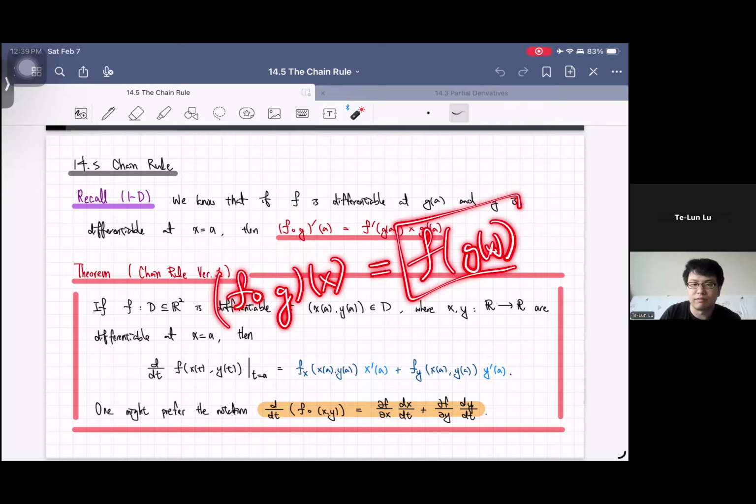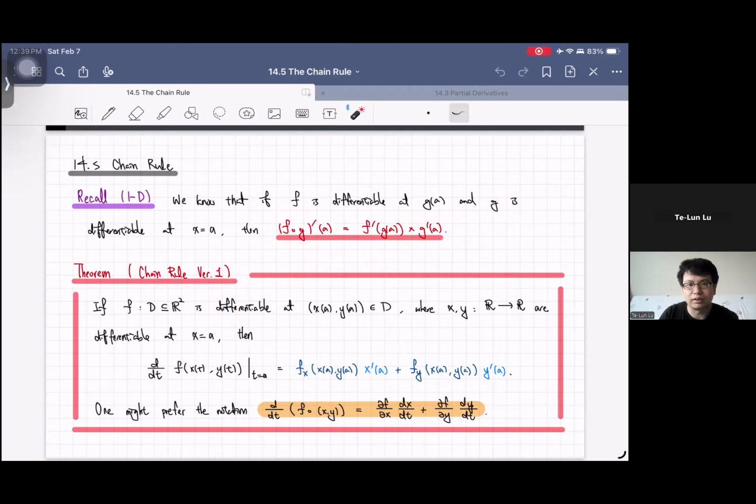So this is a composite function, and the differentiation of that function is given by this: f circle g prime of a is f prime, so you differentiate first, you plug in g, and then you multiply by g prime of a, right? So it is called a chain rule in the sense that we chain the composite function together, f prime and g prime, in that order, right?